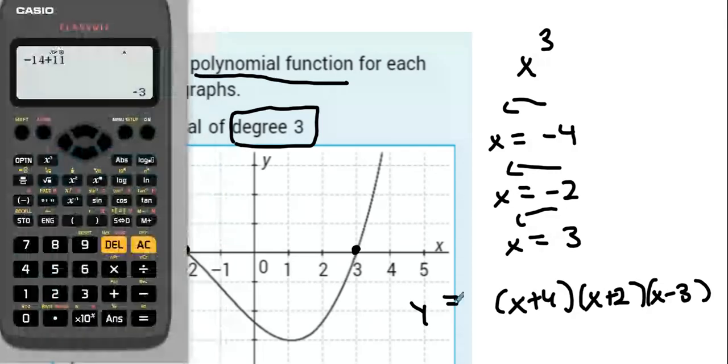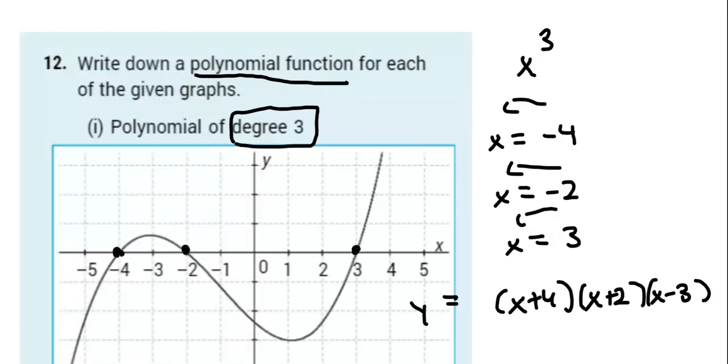So I'll go to my table function on my calculator. Does everybody see that it starts at minus 5 and ends at 5? See the start and the end are clearly in the graph? Step of 1.